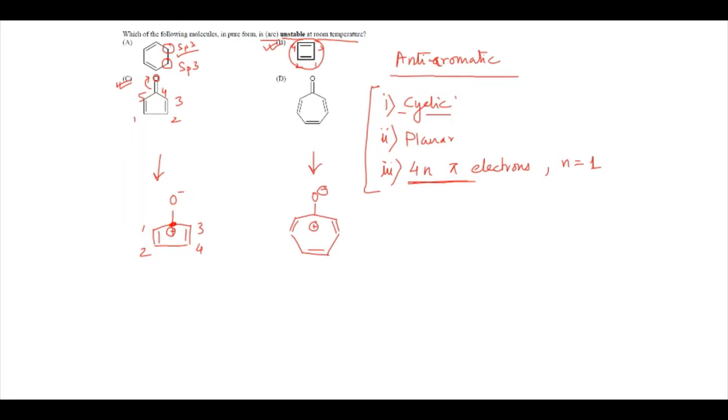Now if you check, the number of pi electrons will be 6, which is not 4n pi electrons. It is 4n plus 2 pi electrons, where n equals 1. So this is also not anti-aromatic. So it is cyclic planar, but the number of pi electrons is 4n plus 2. So we can say that only option B and C will be correct for this question.